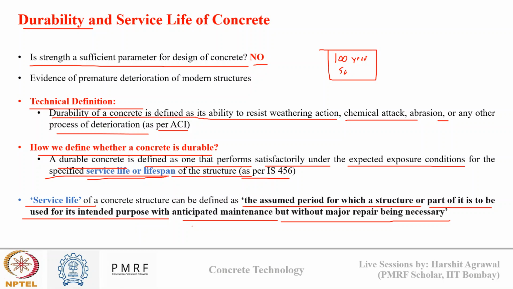If, suppose, after 25 years the structure's functionality got degraded and we changed it from a laboratory to just a storage space, then also the service life has ended, because for the purpose for which the structure was made, it is not being used anymore. So service life is this time period until which the structure is able to serve its intended purpose with minimum maintenance required, and no major repair requirement. Okay, so this is service life.